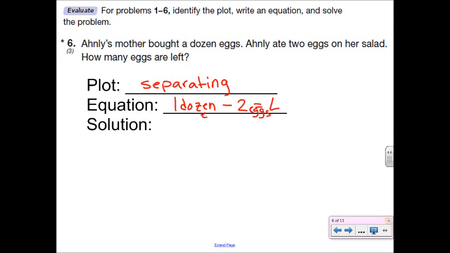So a dozen eggs and 2 eggs. And here again, just like when we were doing the feet and inches, we need to tell what a dozen eggs means. Well, that means 12 eggs minus 2 eggs means there's 10 eggs left.